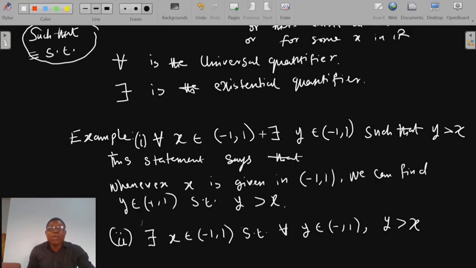Remember, in interpreting the first one, we had that whenever x is given in the interval (-1, 1), we can find y in the same interval so that y is bigger than x. Now let us try to interpret the second one. Let me repeat the two statements.